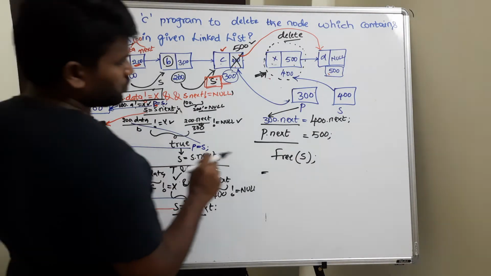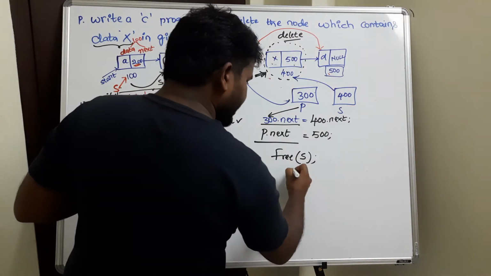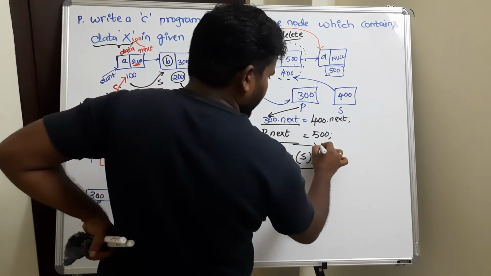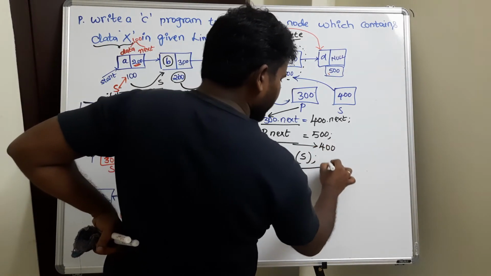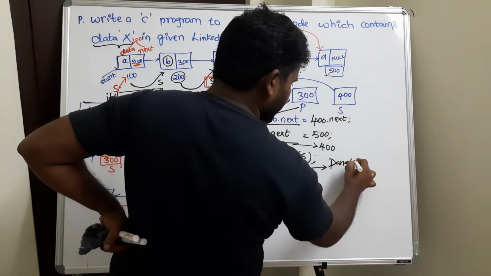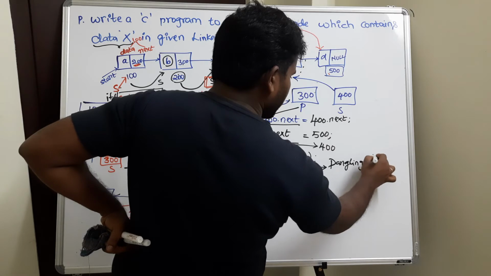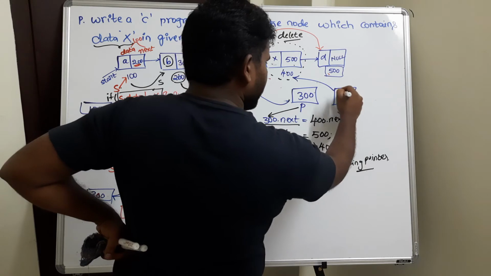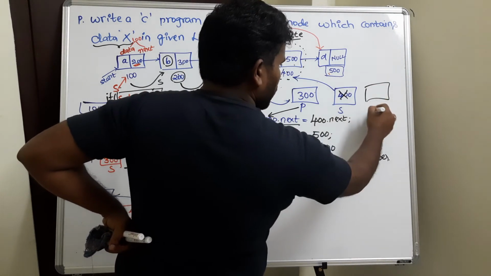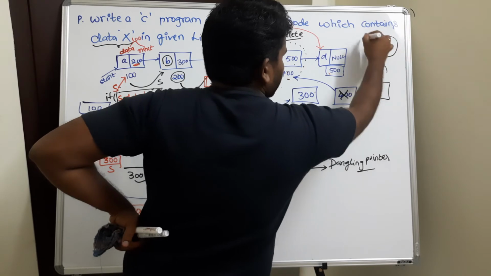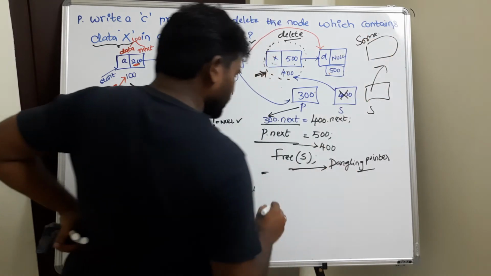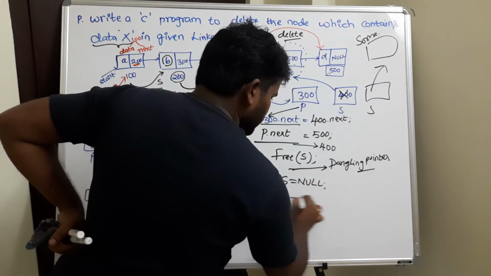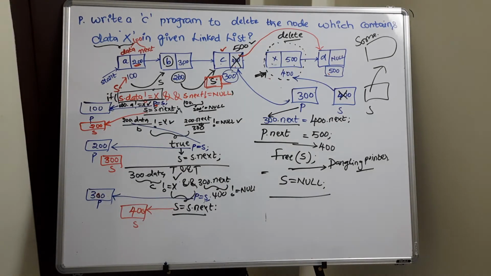But here you should notice that S is still pointing to 400, so it is acting as a dangling pointer, right? Once you free this, it will point to some random address. So that's why we need to allocate S equal to null. So S will be null.